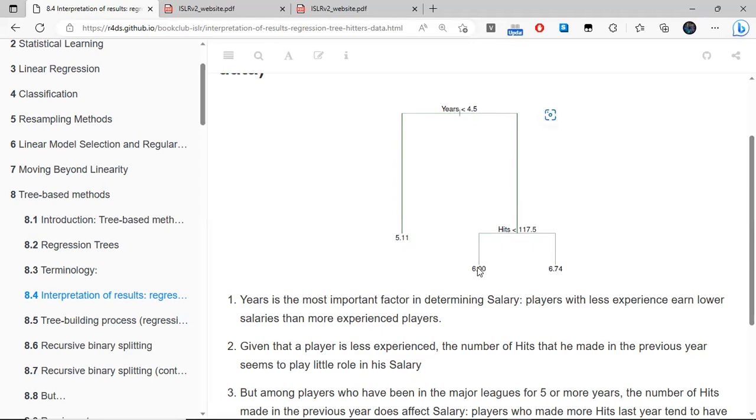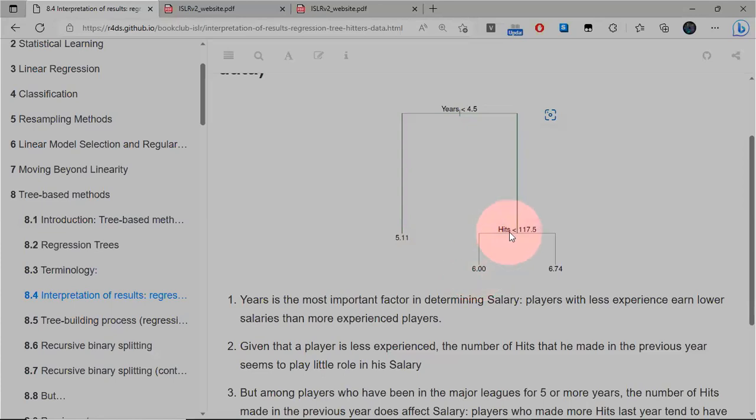So for example, for this 0.6, we would have that if the observation has a value of years greater or equal to 4.5 and hits smaller than 117.5, then the predicted value for the response would be this.